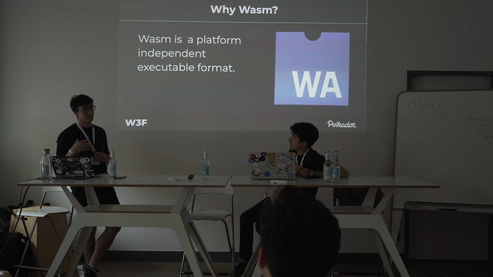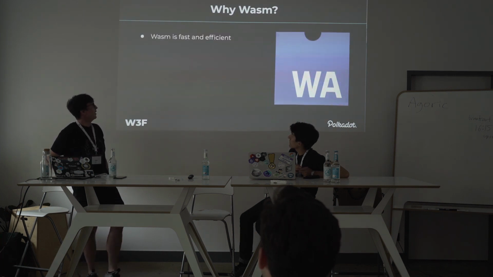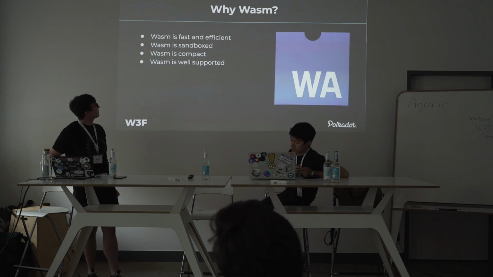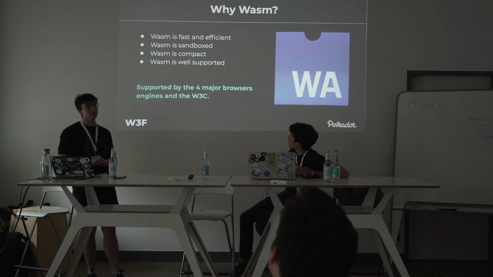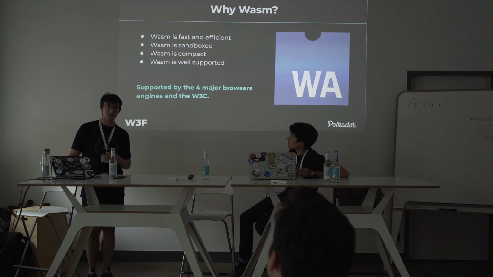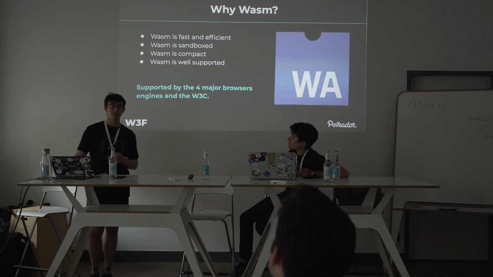You want something that is independent of the architecture that you're running it on. So WASM was a good choice for that. It's fast and efficient, sandboxed so it's safe, it's compact, and it's well supported. So the major browsers support WASM, and also the W3C, which is a lot of major companies as well.